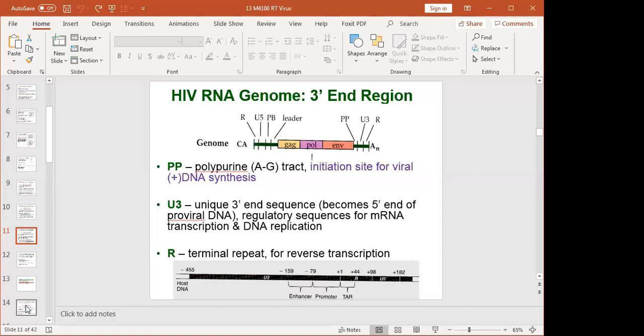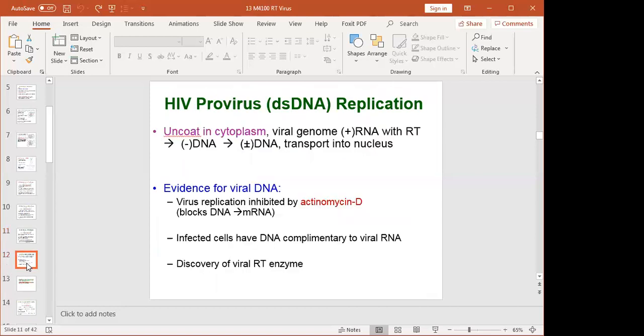It is also a regulatory sequence for messenger RNA transcription and DNA replication. The last region in the 3' end is R, or terminal repeat, that is required and important for reverse transcription. Moving to slide number 12.